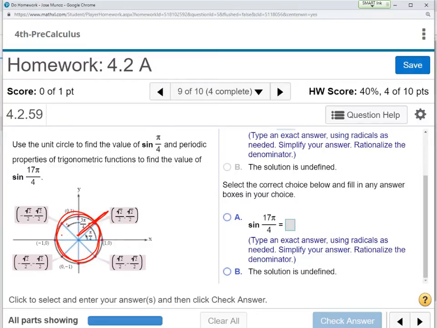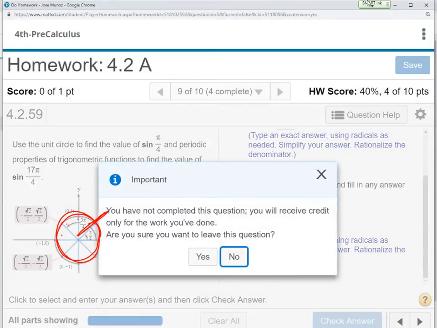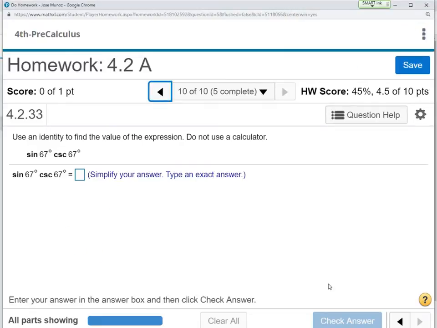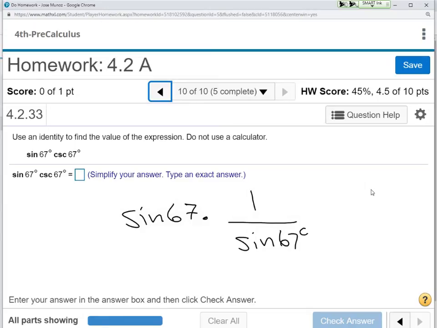Anybody need 10? No. Okay. Trig is fun. I like it a lot. 10 was just 1, because you multiplied y over 1 over y. For those of you that don't see it, this is sine 67 degrees multiplied by 1 over the sine of 67 degrees, right?